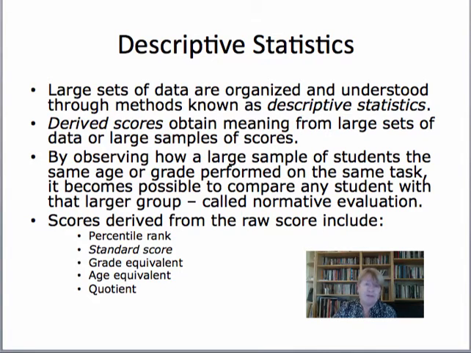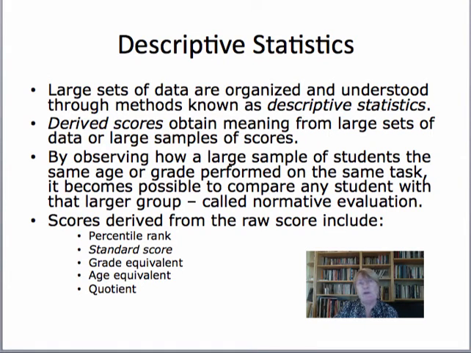They take large sets of data and organize and understand that data through methods known as descriptive statistics. Derived scores obtain meaning from a large set of data or a large sample of scores. And by observing how a large sample of students the same age or grade performed on the same task, it becomes possible to compare any student with that larger group, and that's called normative evaluation.